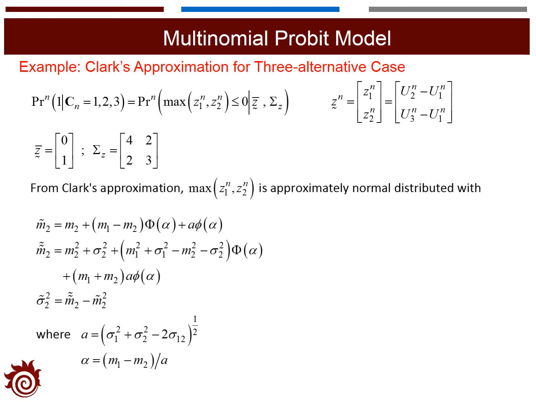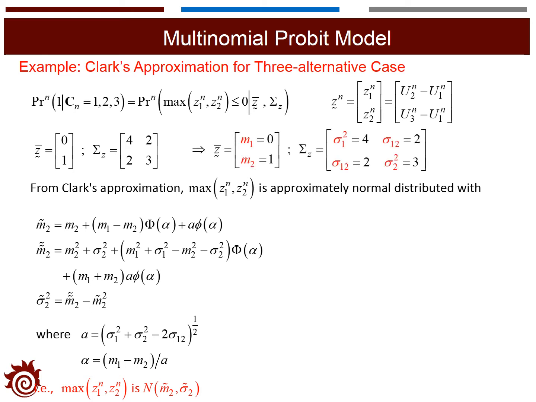We can then call Clark's approximation to find out the maximization of z1 and z2. Here we know that the maximization is also a normal distribution with the mean of m2 tilde and the sigma 2 tilde.